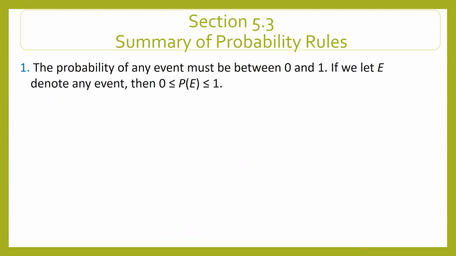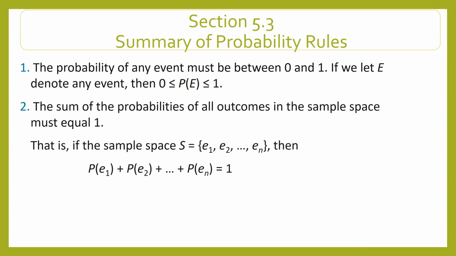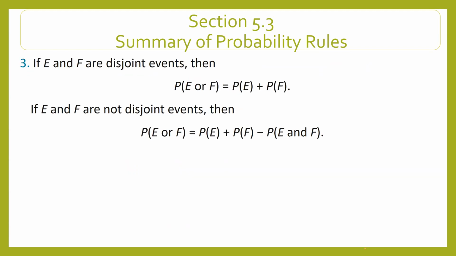Now, a quick summary of the probability rules, just to capture the whole thing. The probability of any event must be between 0 and 1. The sum of the probabilities of all outcomes in the sample space must equal 1.